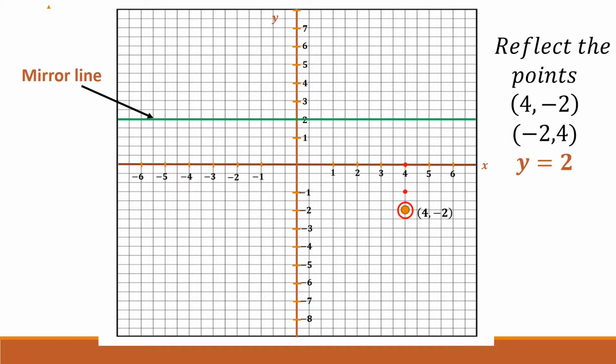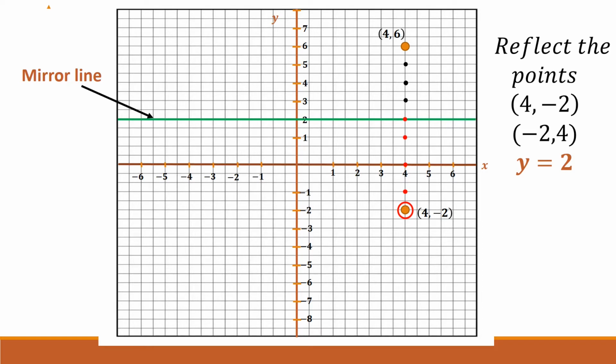So we move 1, 2, 3, 4. I moved 4 steps to get to the mirror line. In the same way, I'm going to move 4 steps away from the mirror line to produce the image point. So 1, 2, 3, 4. The last point over here produces the image 4, 6.